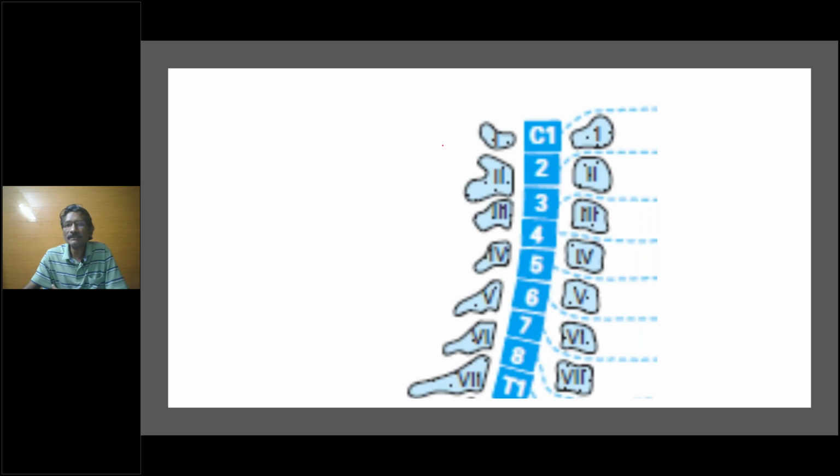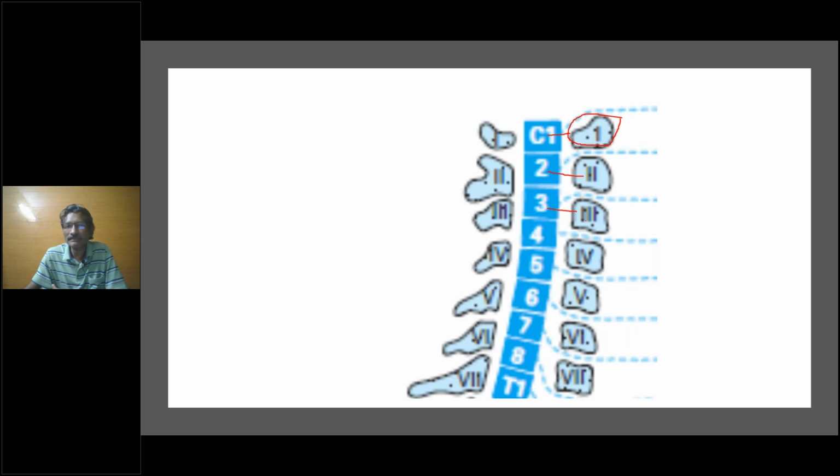See, this is the first cervical vertebral body. So you can see it directly overlies the first segment. So second overlies second, third overlies third.